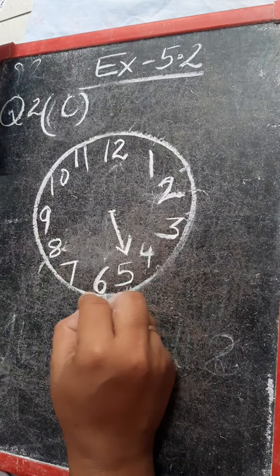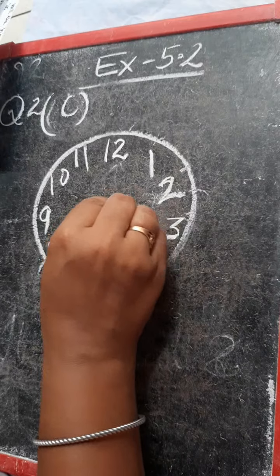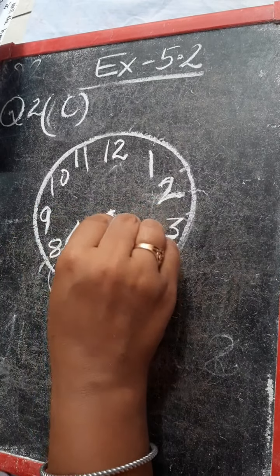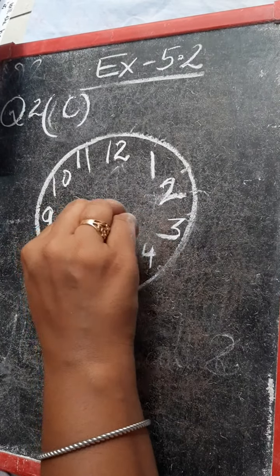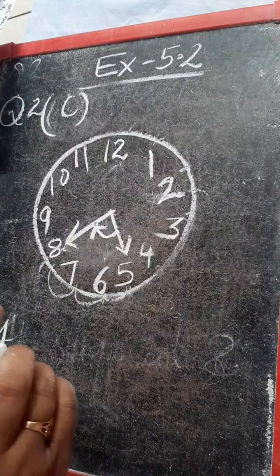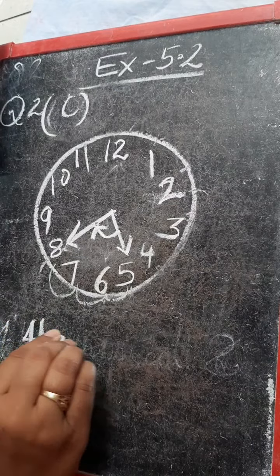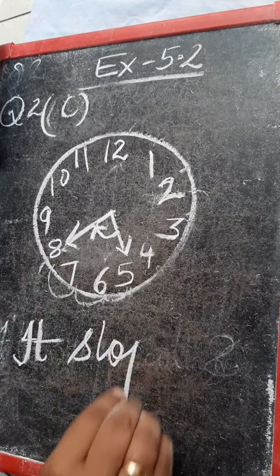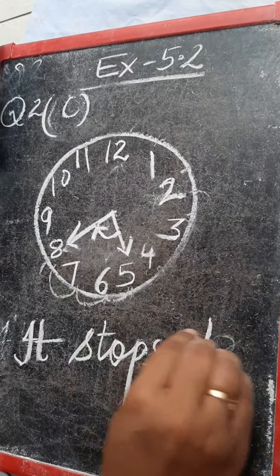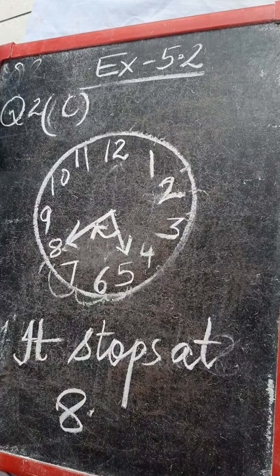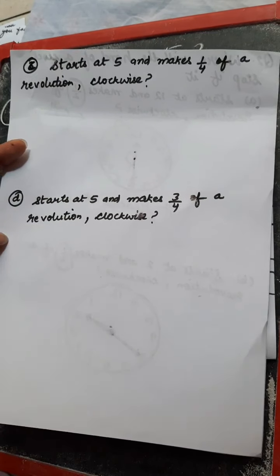So here 5 minutes, 10 minutes, 15 minutes. So it stops at 8, and my direction of the clock is like this, because 1/4 of a revolution means 15 minutes covered. So it stops at 8. So this is your C part.